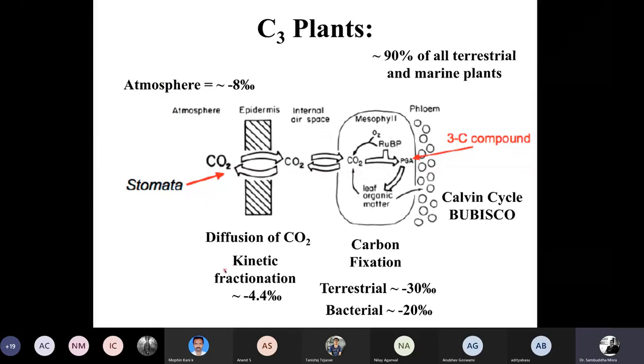And this diffusion of CO2 leads to a kinetic fractionation. Why? Because 12CO2 molecules can diffuse faster than 13CO2 molecules. And the carbon fixation process leads to another set of fractionation through the Calvin cycle. For terrestrial plants, it's -30 per mil, and for bacterial processes around -20 per mil.